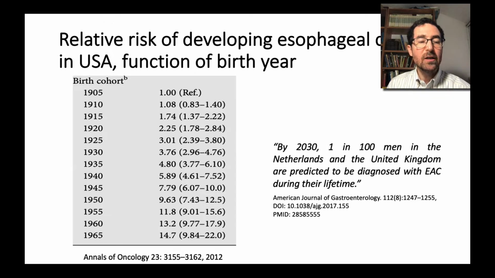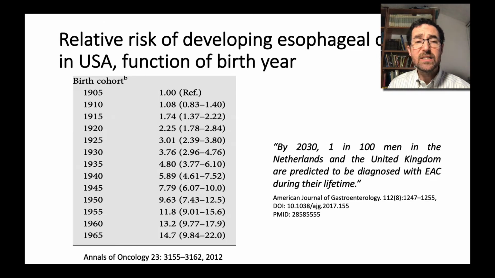So you can see that somebody who was born in 1965 had a 15 times increased risk of developing cancer compared to somebody who was born in 1905. So a tremendous increase in incidence.